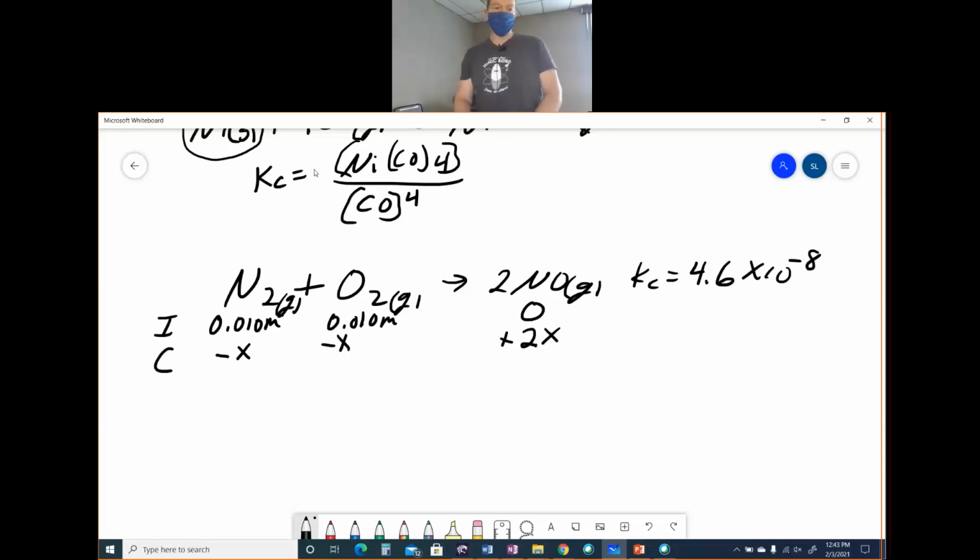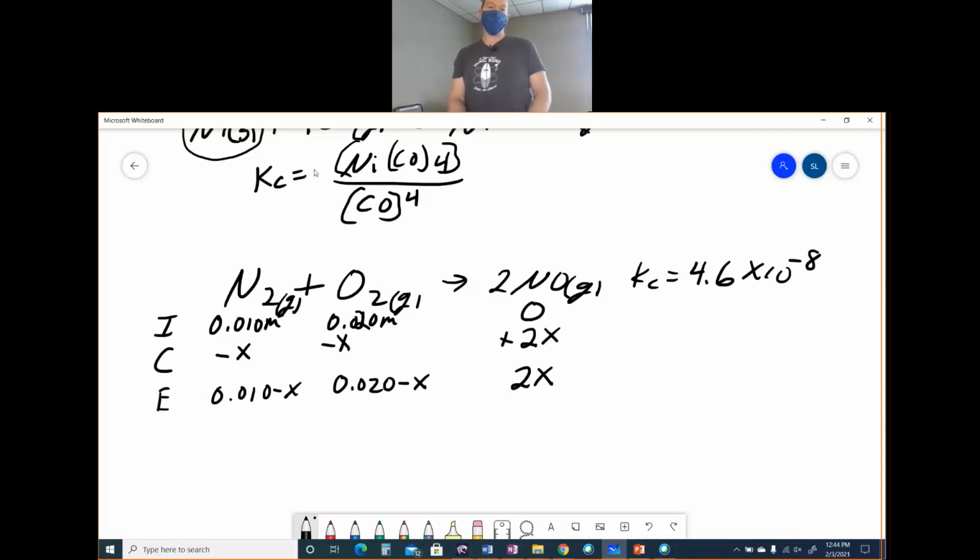All right, and so then at equilibrium, we're going to have 0.010 minus x. We're going to have 0, let's make this a 2. We're going to have 0.020 minus x, and we're going to have 2x. And there's a reason why I changed it, because then there would be an easier way to do this than successive approximation if they were the same.